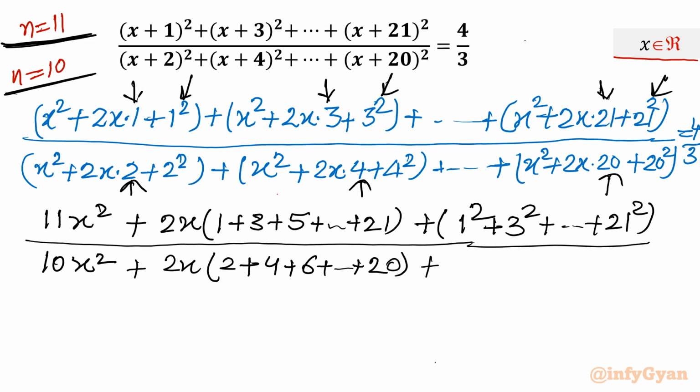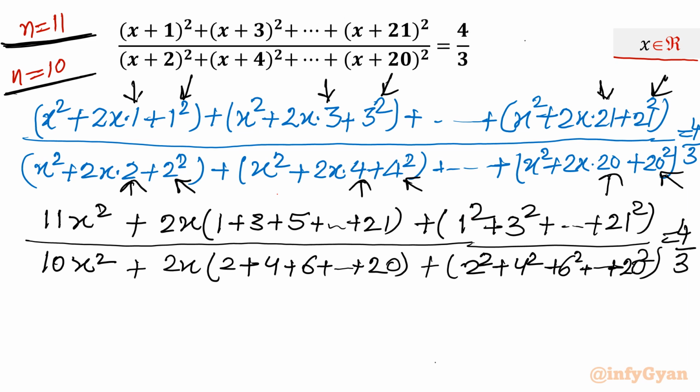The square addition would be even numbers: 2², 4², 6² up to 20². And the right hand side is 4 over 3.